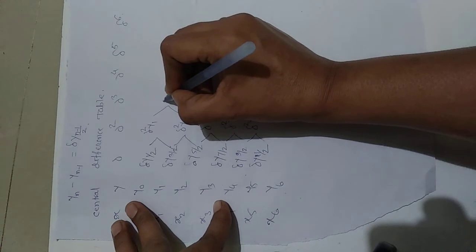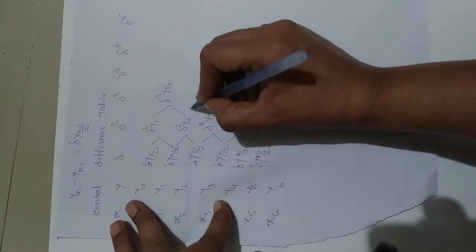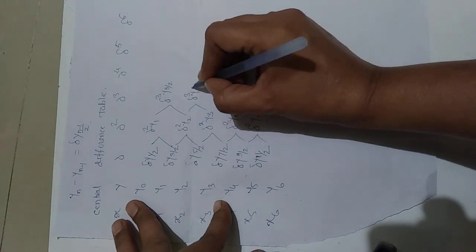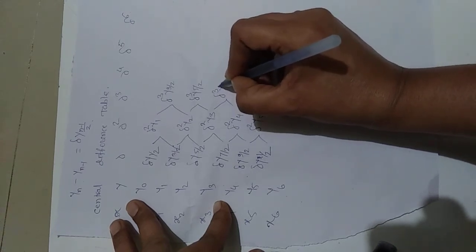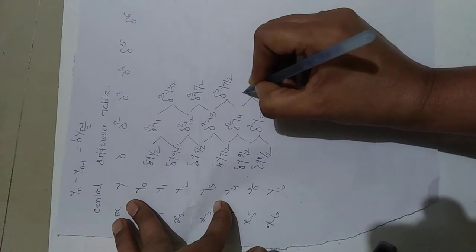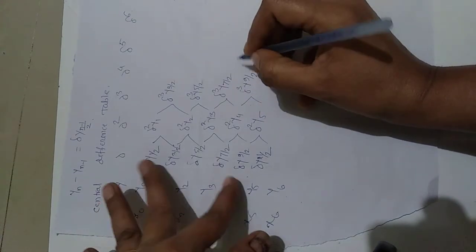The difference between these two is del cube y3 by 2, del cube y5 by 2, del cube y7 by 2, and del cube y9 by 2.